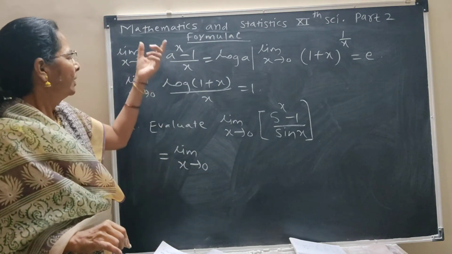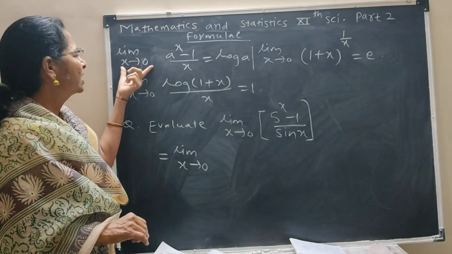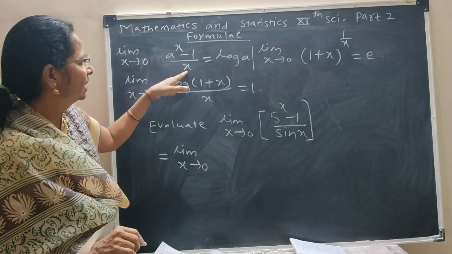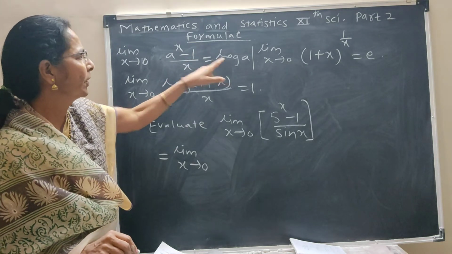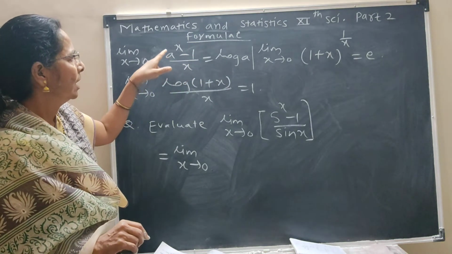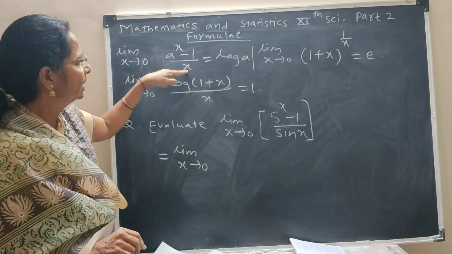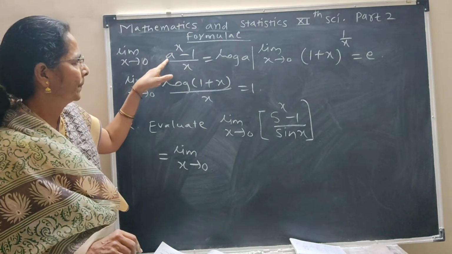Now remember this formula. In this formula, limit x tends to 0, a raised to whatever x must be here, and here must be minus 1, so that we take log a.